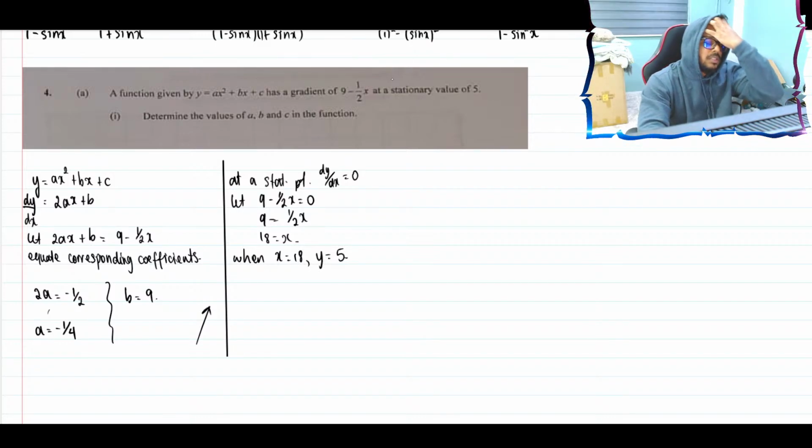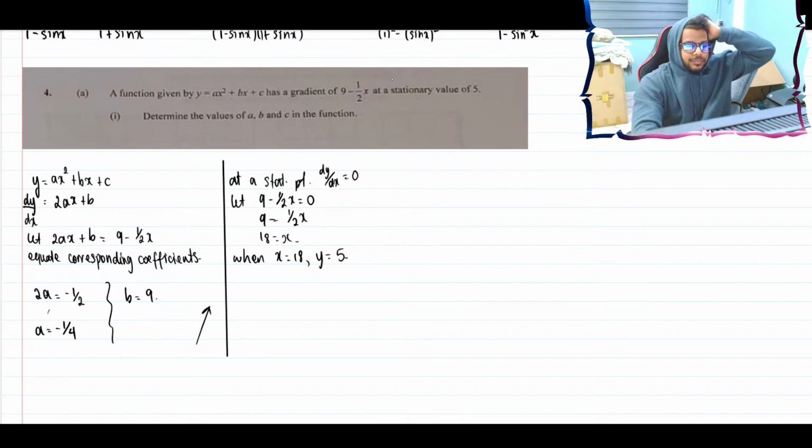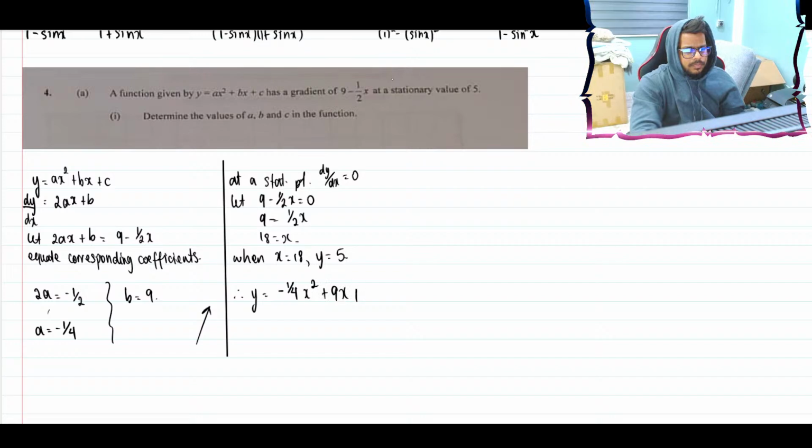I can now use this to calculate c. So I can say y is equal to ax squared plus bx plus c. We know that 18, 5 is the maximum or minimum point on the curve.